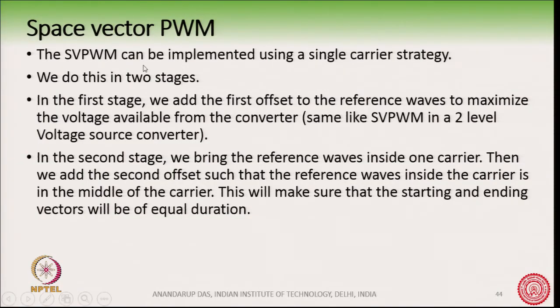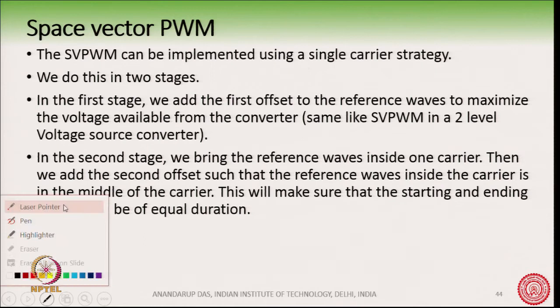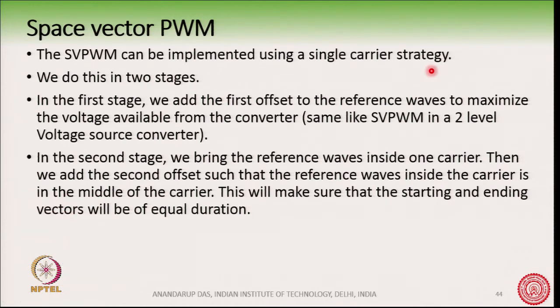In space vector PWM using a single carrier strategy, we will do it in 2 stages. In the first stage, we add the first offset, and in the second stage, we add the second offset. So, how much will be the offset?